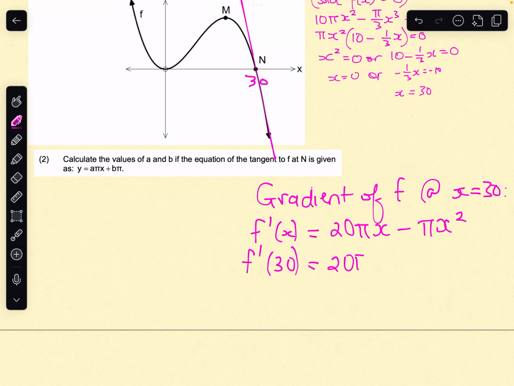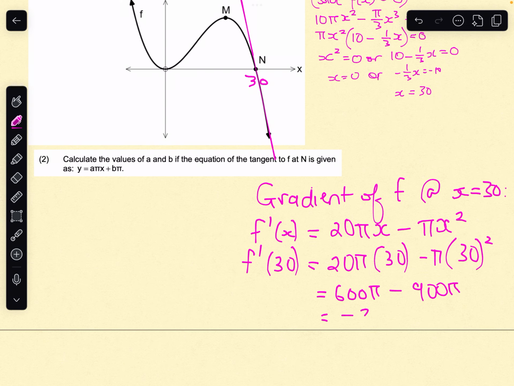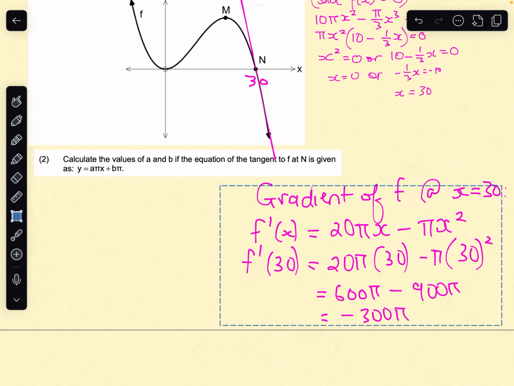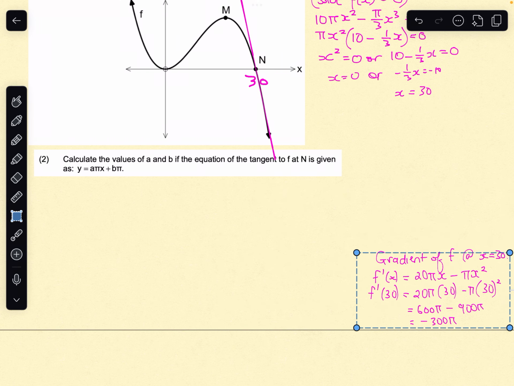That will be 20 pi times 30 minus pi times 30 squared, which you can work out on your calculator. That is absolutely no crime. So I think we should get negative 300 pi. So that is the value of the gradient when x is equal to 30. Good.